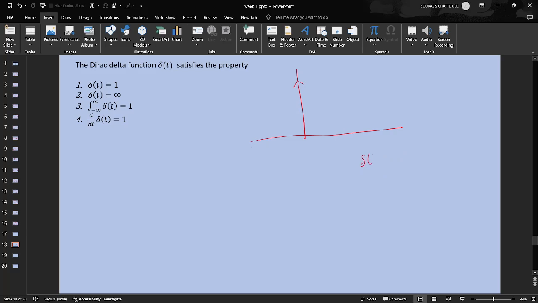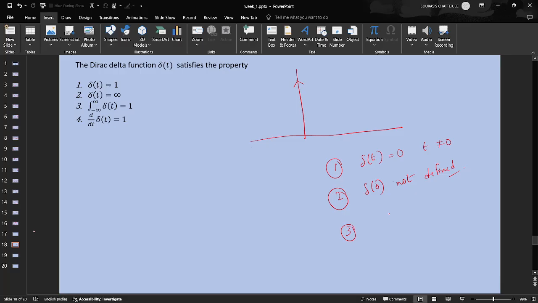First of all, the Dirac delta at any value t is 0 for t not equal to 0. The second property is that the Dirac delta at t equal to 0 is not defined.